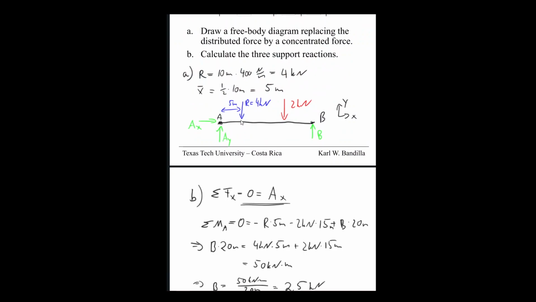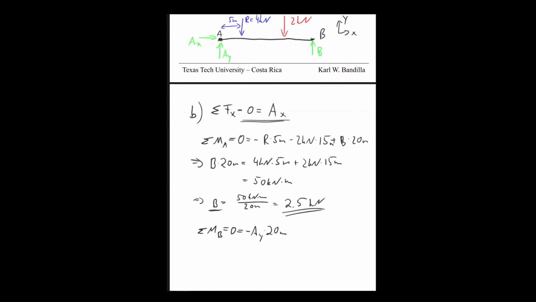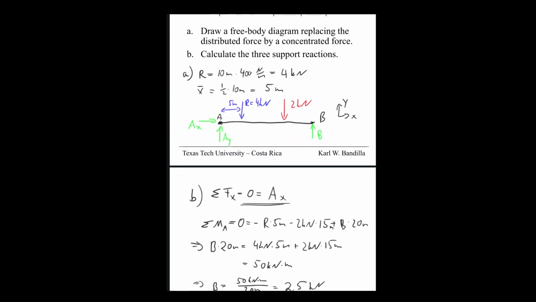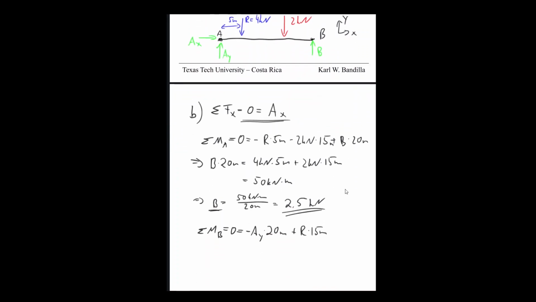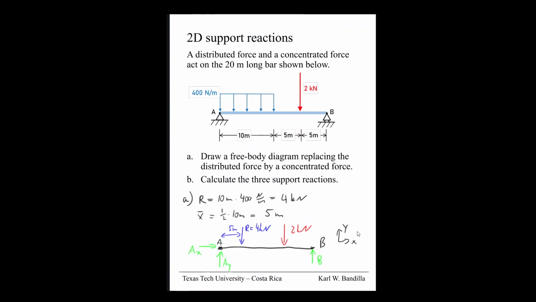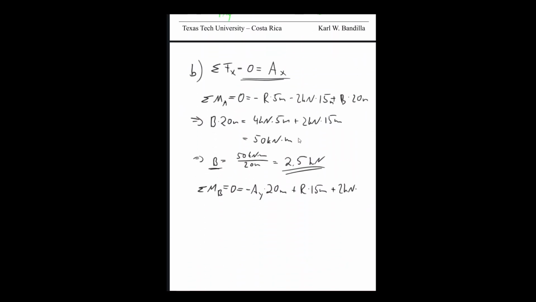Then we have the R, that is going counterclockwise, and it'll be R times 15 meters. And then our 2 kilonewton also counterclockwise, 2 kilonewton, and the distance should be 5 meters.